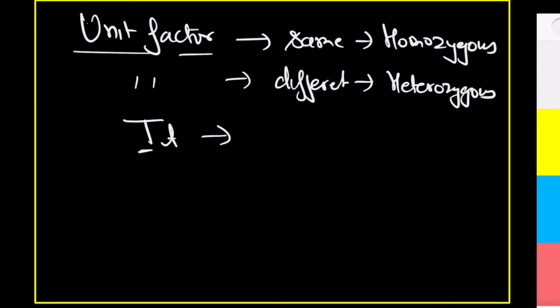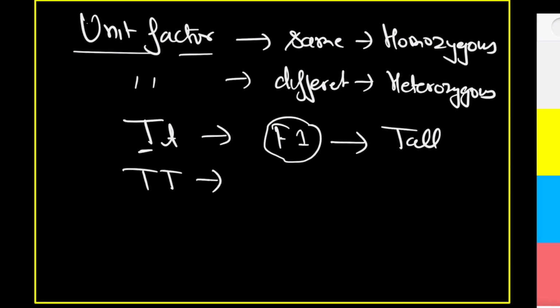So here, hopefully you remember this one, it is the dominant factor. This will be expressed in the F1 generation, and this is also the law of dominance. Out of the unit factors, the one which is dominant will be expressed in the F1 generation. You are going to see the phenotype tall.